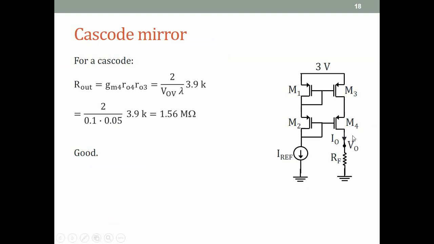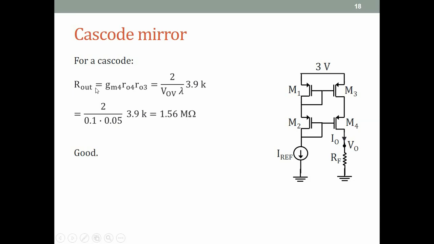So we know the expression for the R-out of this is gm4 ro4 ro3, and we can write gm4 ro4 as 2 over VOV into lambda, you will hopefully recall, and then ro3 is the same. Why? Because the current is the same, the 5.12 milliamps, the lambda is the same. So this is 3.9 kilo ohms.